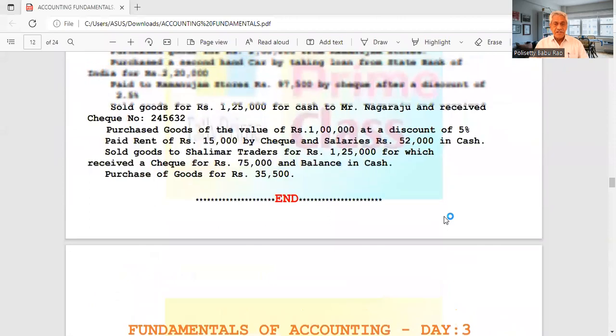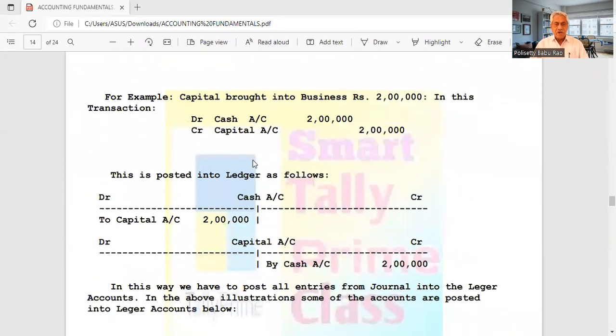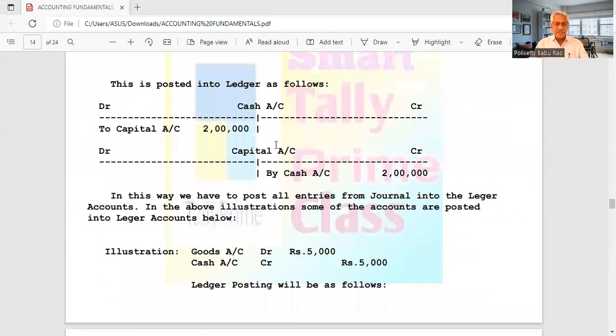In day 3, we discussed the pro forma of the ledger and how the journal's debit and credit are entered in the ledger. Any account that is debit in the journal, you write on the debit side, starting with 'To' and writing the credit account name. Any account that is credit, you write on the credit side, starting with 'By' and writing the debit account name.